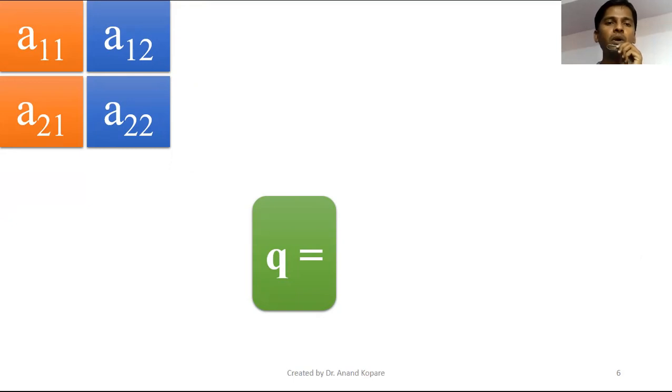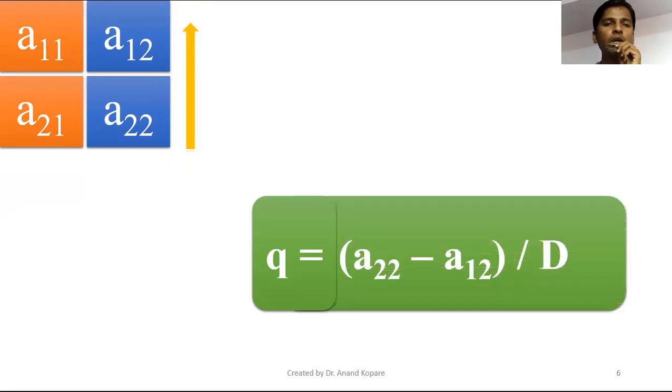By using this blue quadrant, you can prepare the value of Q. Again there is one arrow which will help you formulate Q. So Q is equal to A22 minus A12 divided by D. And this is how you can find the value of Q.